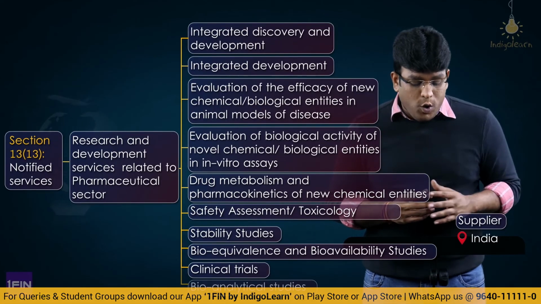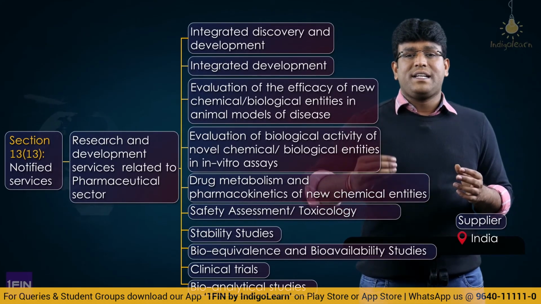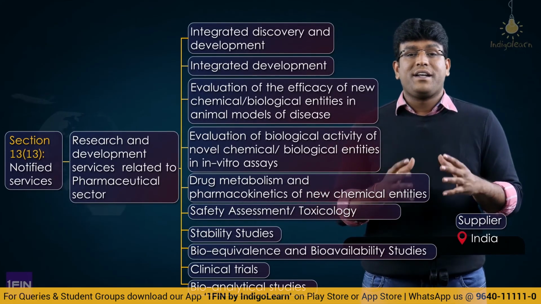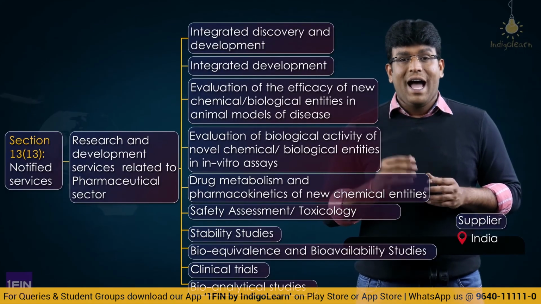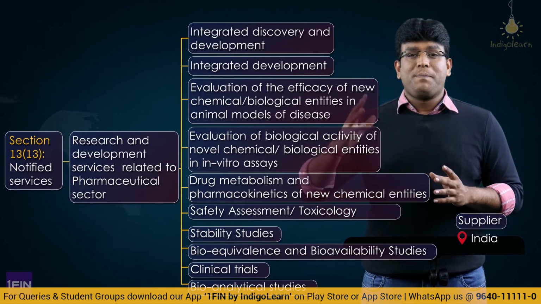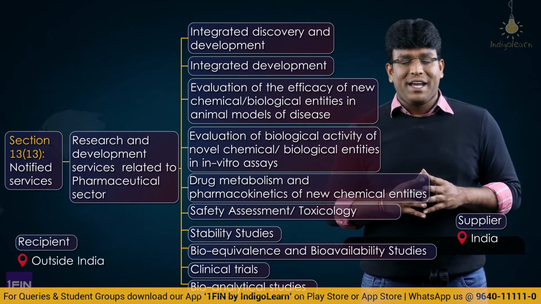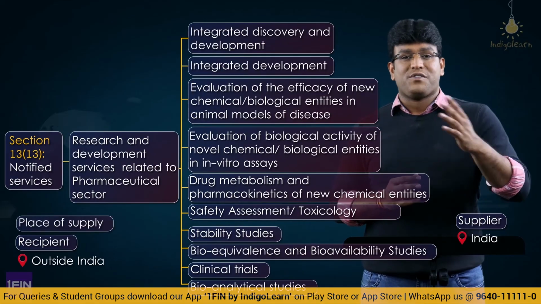Next, bioanalytical studies. So these are all basically research and development activities related to the pharmaceutical sector, and they have specified that if the supplier is located in India, recipient is located outside India, then straight away the place of supply is the location of recipient of service.